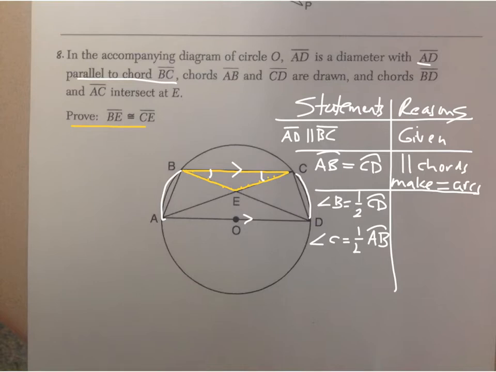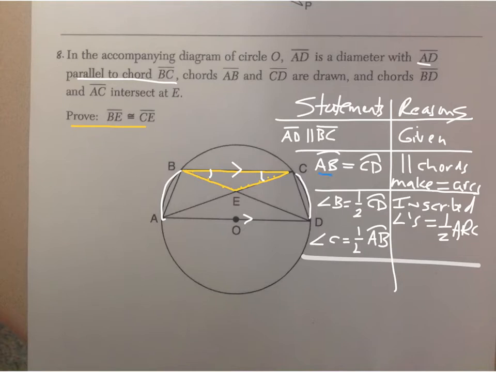So angle C is half as big as AB, and for that same reason, angle B is equal to half of CD. What makes it true would be that inscribed angles equal half the arc length.